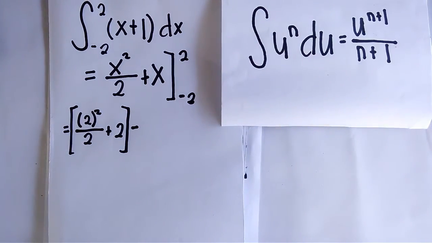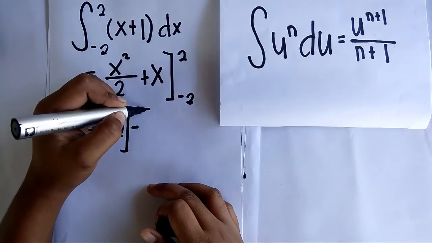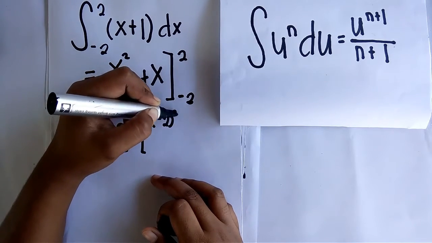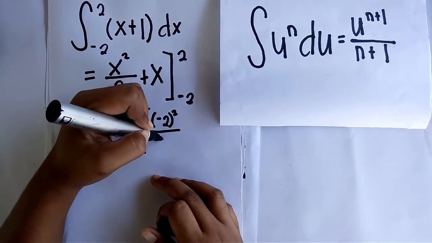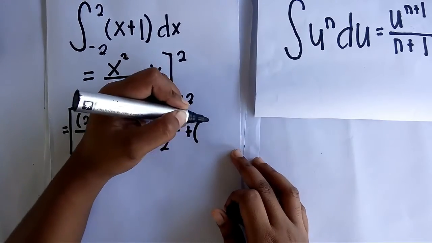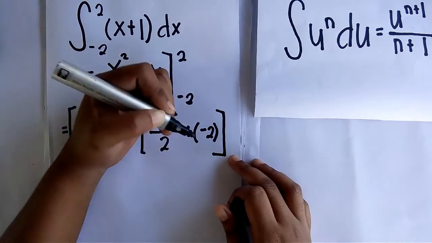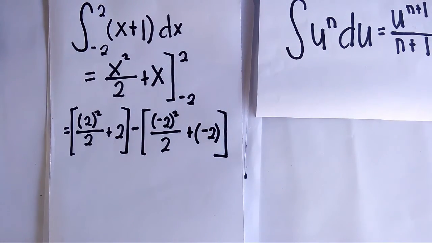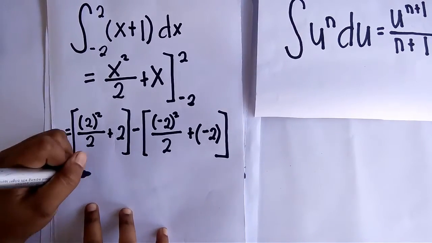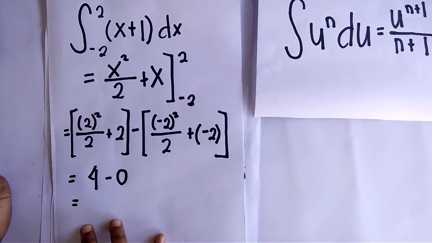Then, we have to minus the value of negative 2 to the x. So, we have 4 minus 0. So, the final answer should be 4.